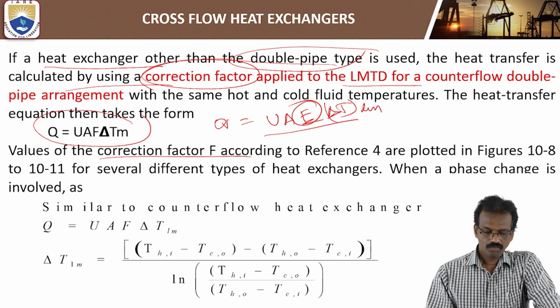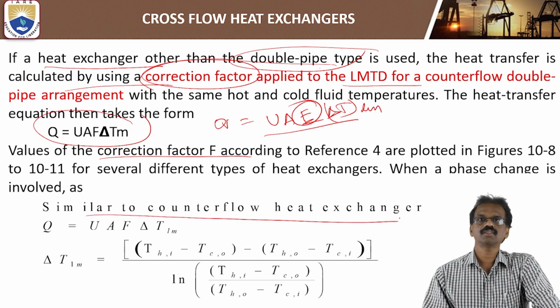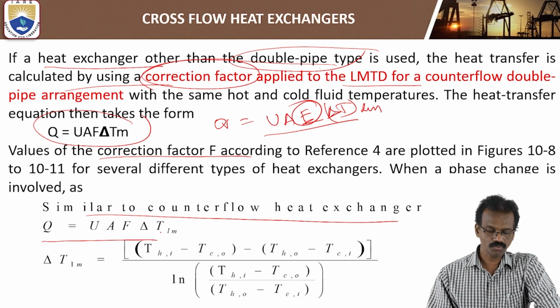Here it is very similar to the counter flow heat exchanger. The same formula will be used for this one also: Q is equal to U A F into delta TLM.